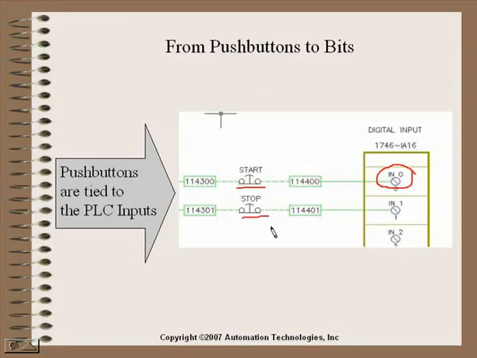So both our start and stop push buttons from our previous example come into an input card, and then they can be used and processed, and we'll see that later when we get into the PLC program. They can be manipulated inside the PLC program.